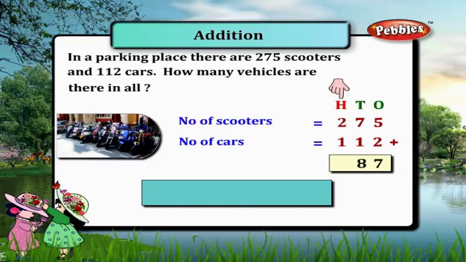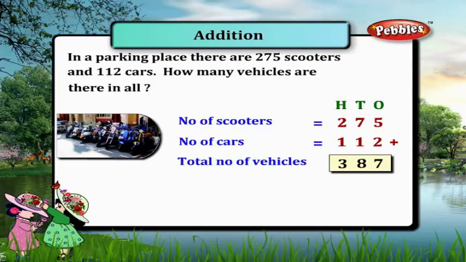Now add the hundreds. 2 plus 1 is equal to 3. Write 3 in the hundreds column. So total number of vehicles is equal to 387.